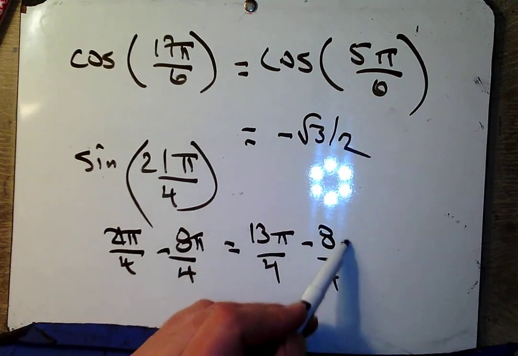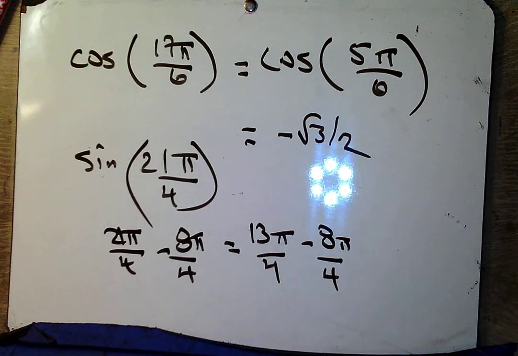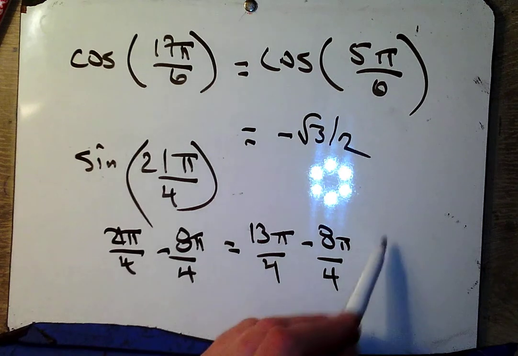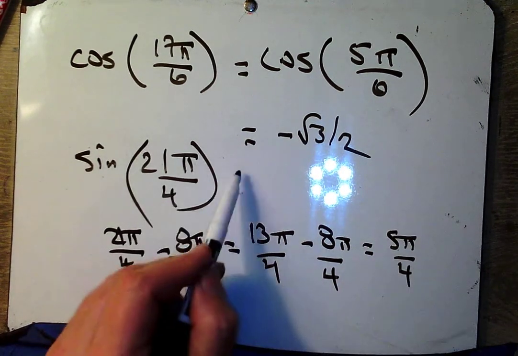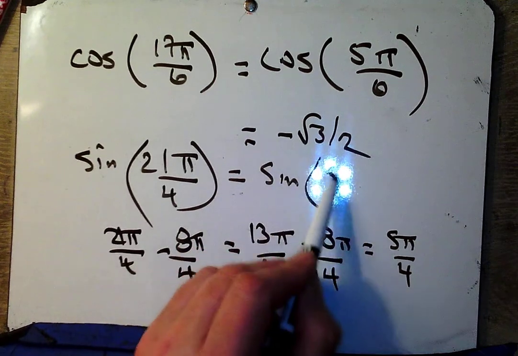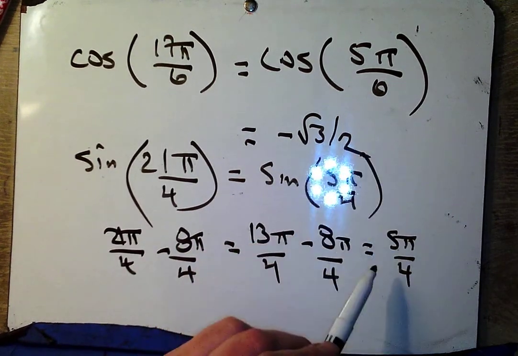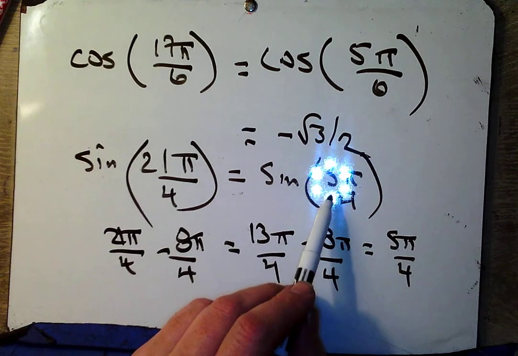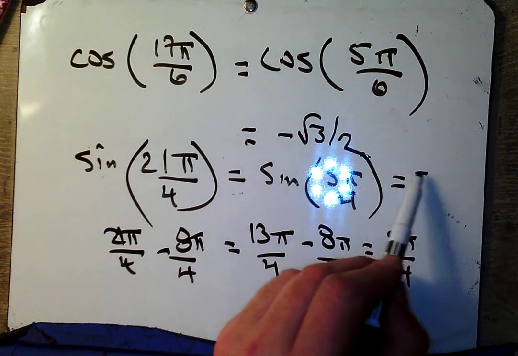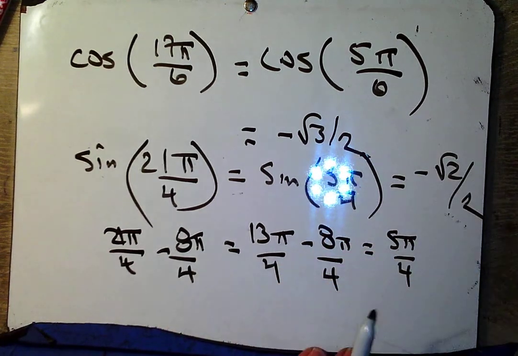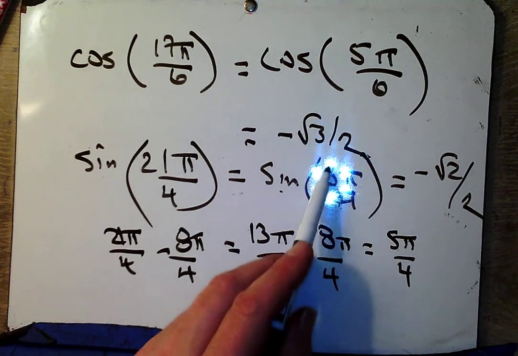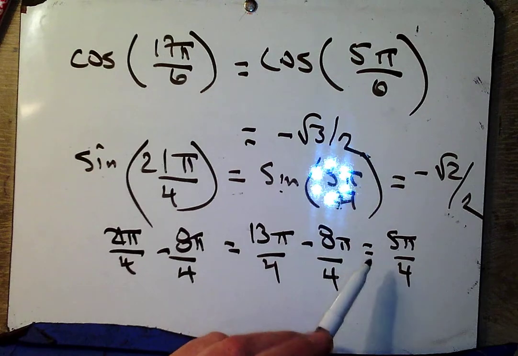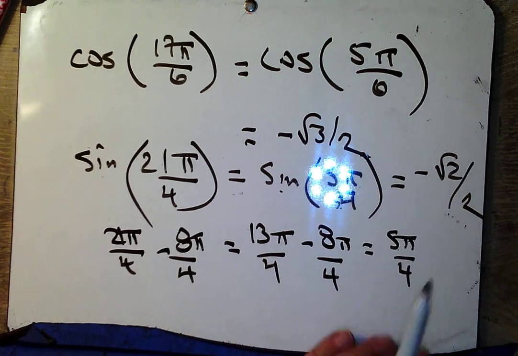Add or subtract 2 pi until you get something that you recognize on the unit circle. And so this is going to be 5 pi over 4. And so what is the sine of 5 pi over 4? Well, that's going to be in the third quadrant. Sine is the y value, and the y value for this angle, 5 pi over 4, is going to be negative root 2 over 2.